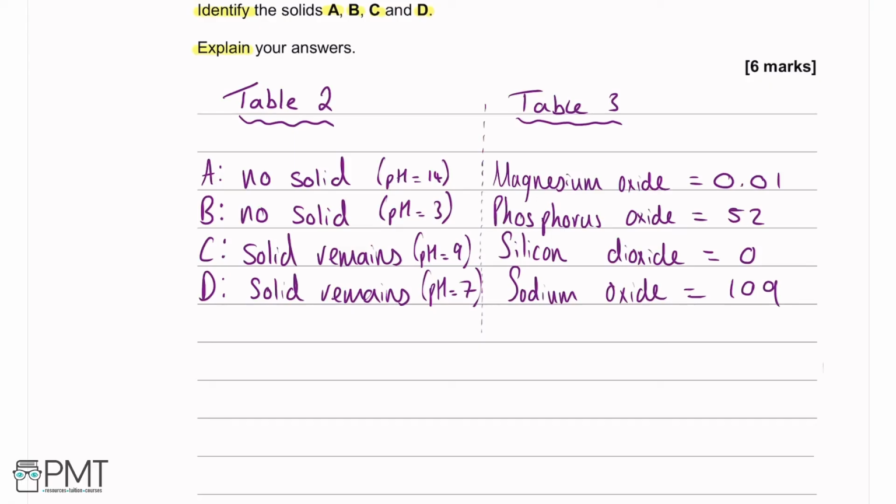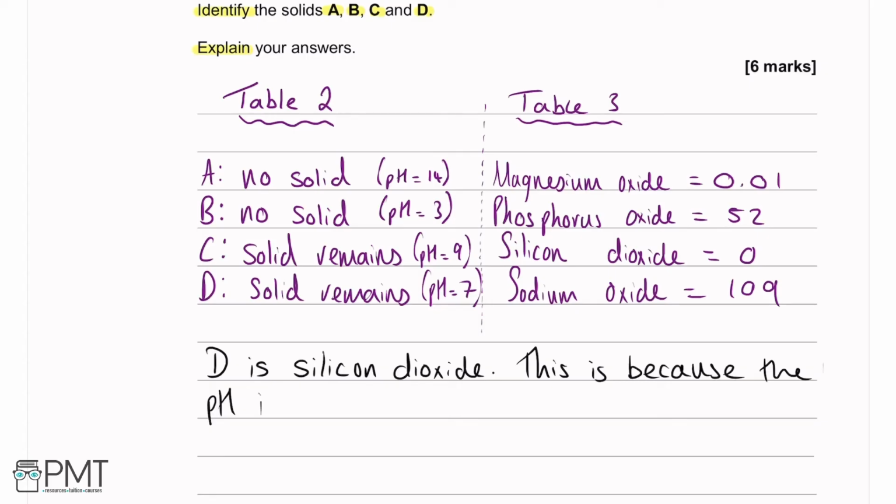So we're told that for D, the solid remains, and it's a pH of 7. Now that means that nothing has dissolved since we added the distilled water. And also notice that silicon dioxide has a solubility of 0. Therefore we can say that D is silicon dioxide.